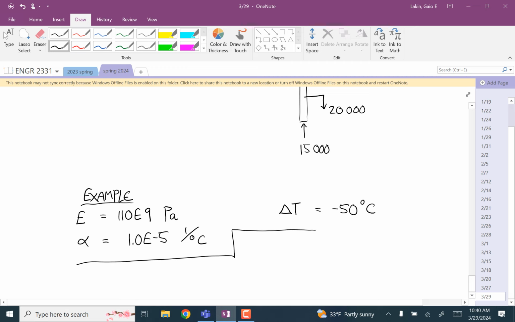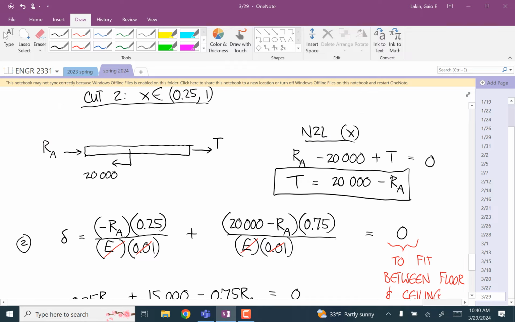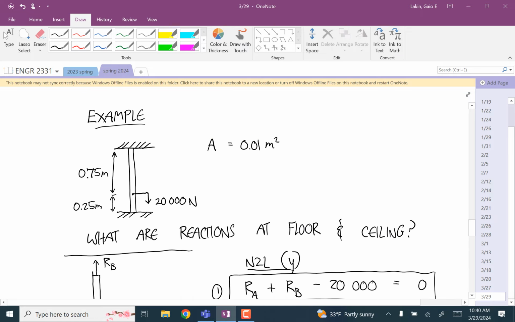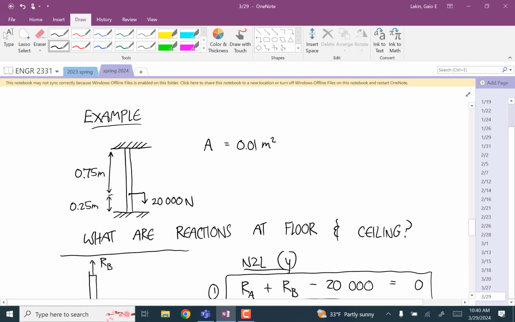Getting colder causes contraction. So if you make this colder, forget about the 20,000 for now. In order for the floor and ceiling to hold onto this bar as it's trying to shrink, it's going to have to be in tension on both sides. Okay, you see that?